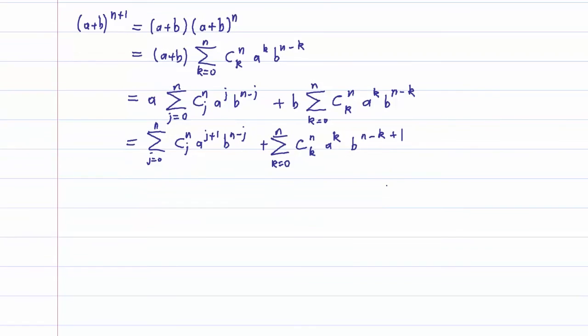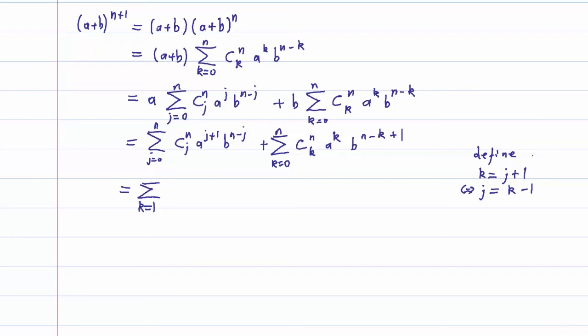So here there is a little trick. I'm going to define k equals j plus 1, or equivalently j equals k minus 1. So now every time I see a j here, I'm going to replace it with k minus 1. So here, instead of having something that goes from j equals 0, it goes from k equals 1, right?